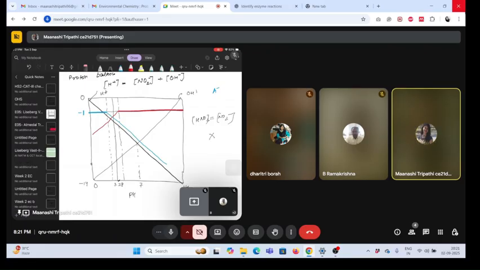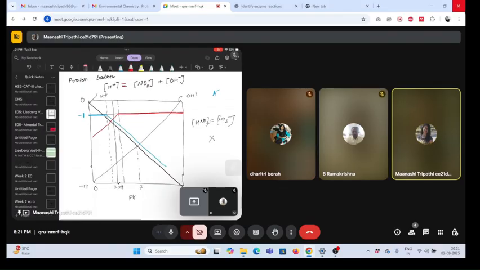Now you can see this equation, right? H plus is equal to NO2 minus plus OH. Now, how to calculate this H plus? I will take this color.